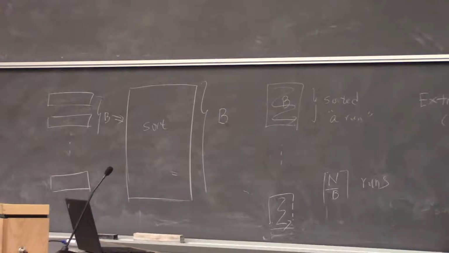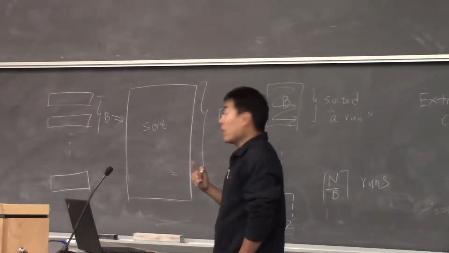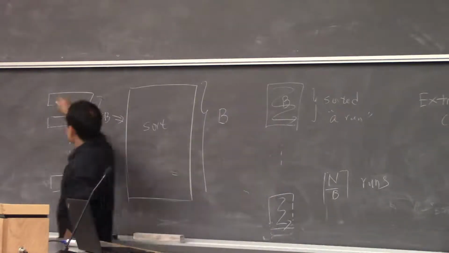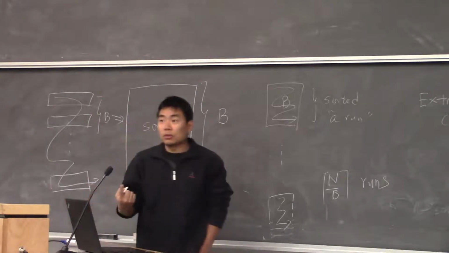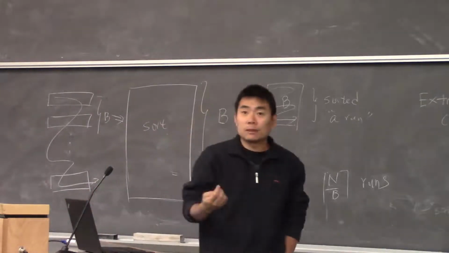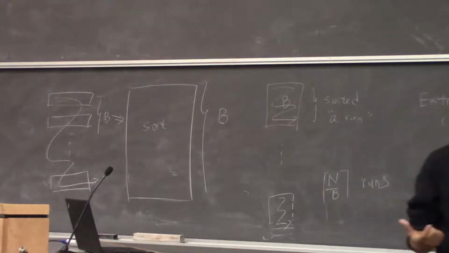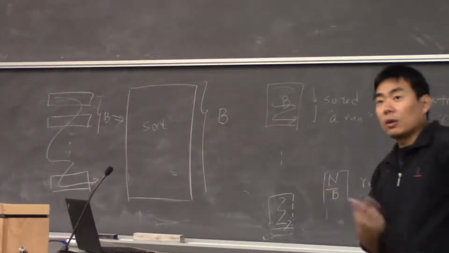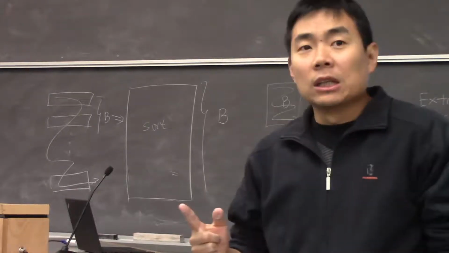What would be an extreme case here? Well, one extreme case is that these pages are sorted to begin with. You understand what I'm saying? However, of course, you don't know that. God knows this, right? You're not God. So you don't know these are actually sorted.